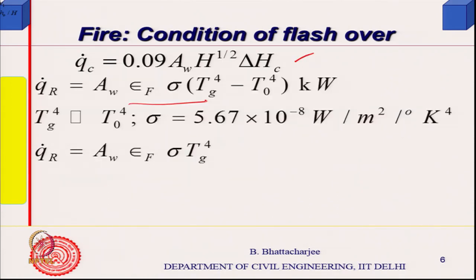Radiation heat transfer is a little bit of a problem here. It is T gas to the power 4 minus T0 to the power 4, governed by the Stefan-Boltzmann law.